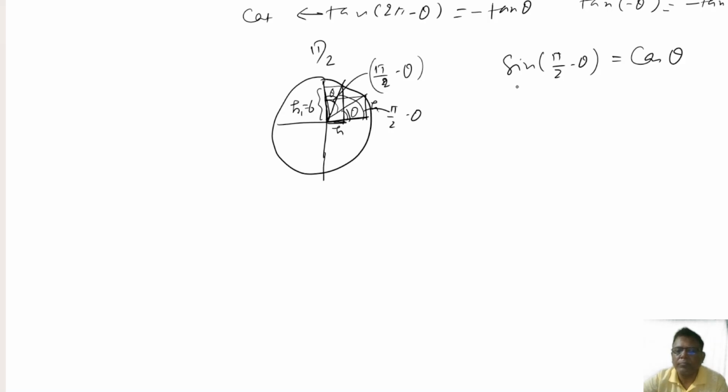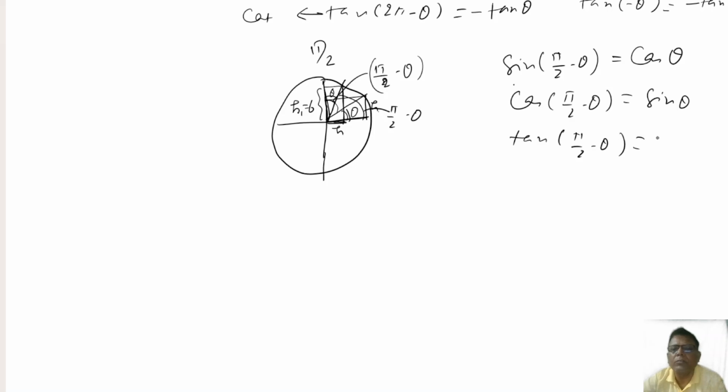Similarly, cos pi by 2 minus theta will be sine theta, and tan pi by 2 minus theta is equal to cot theta.